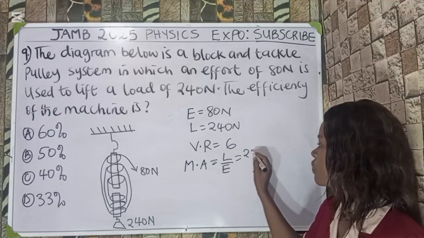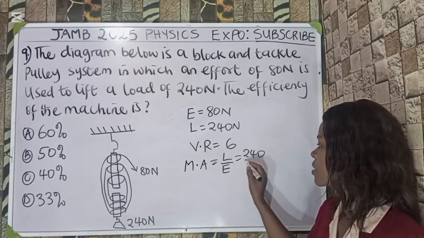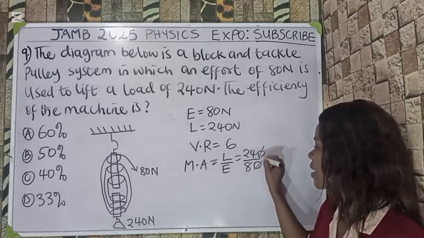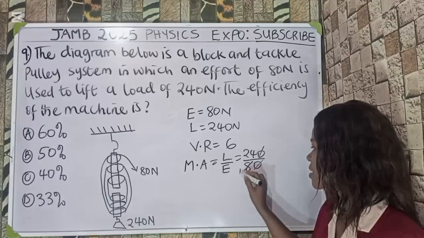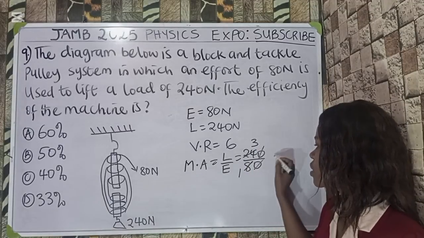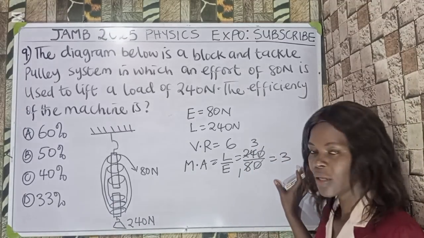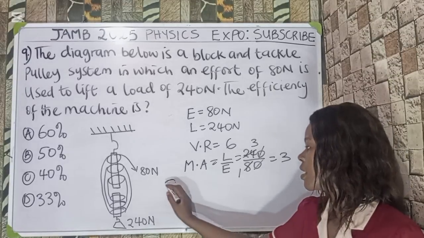And my load is 240 divided by effort, which is 80, right? So if I divide this, I have 1, this divided I have 3. So it means that my mechanical advantage is equal to 3.